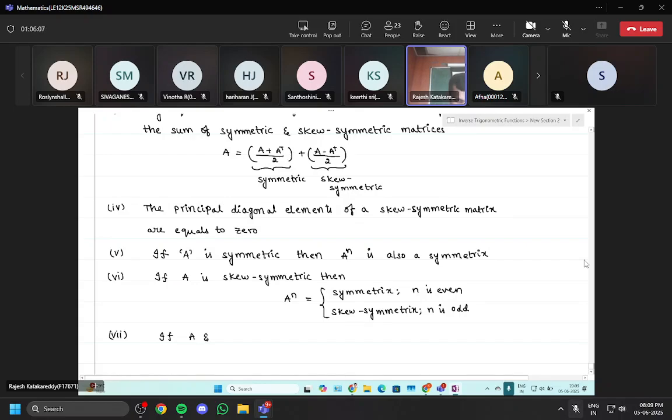If A and B are symmetric matrices, then AB plus BA is symmetric and AB minus BA is skew symmetric.